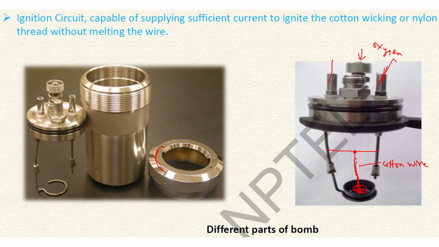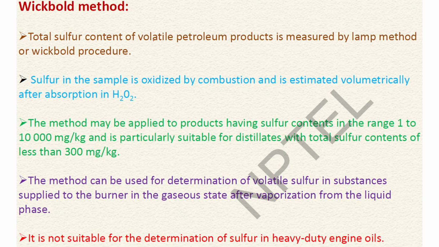When electricity is introduced using the electrodes and passes through this platinum wire, a spark is generated and this cotton thread catches fire. In the presence of this fire itself, the crude oil burns, burning out the sulfur content. The ignition circuit should be capable of supplying sufficient current to ignite the cotton wick or nylon thread without melting the wire.